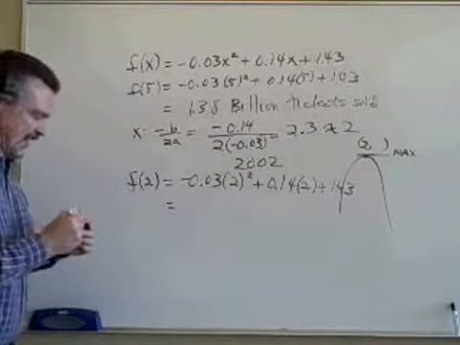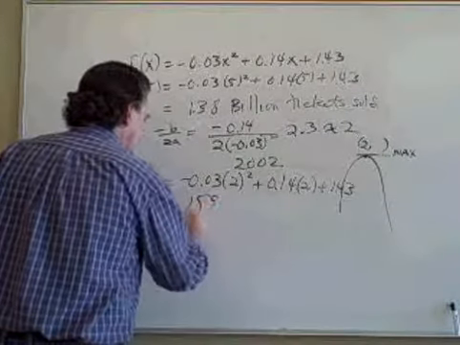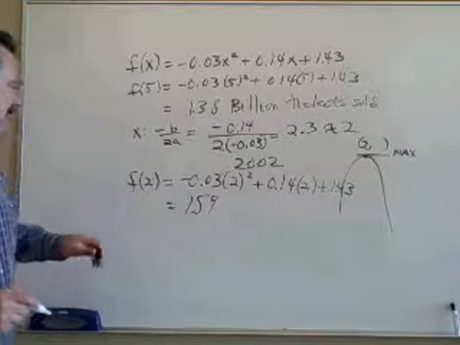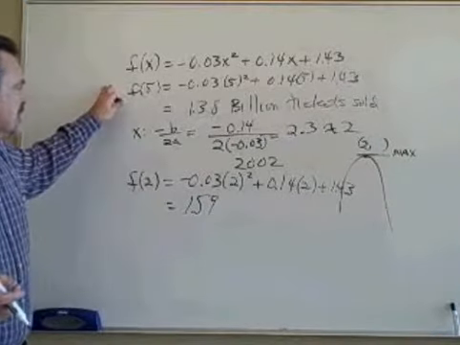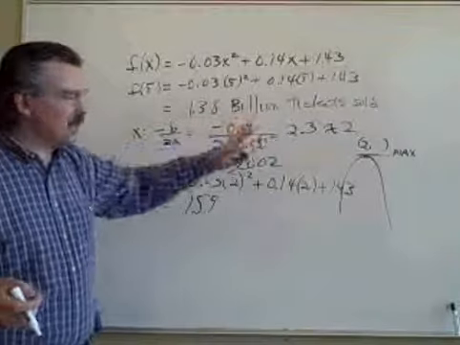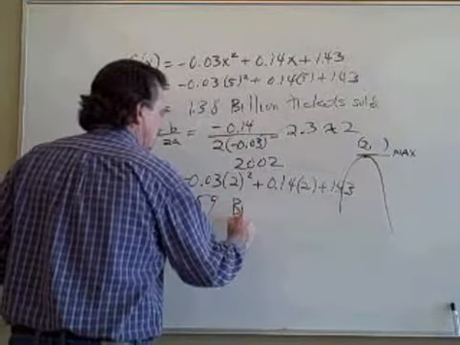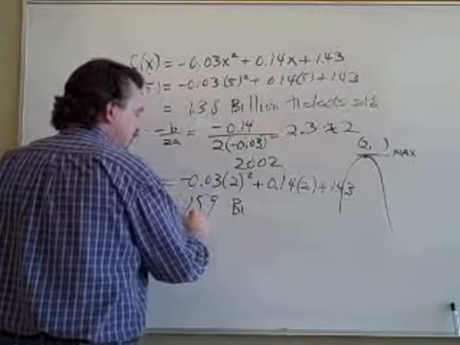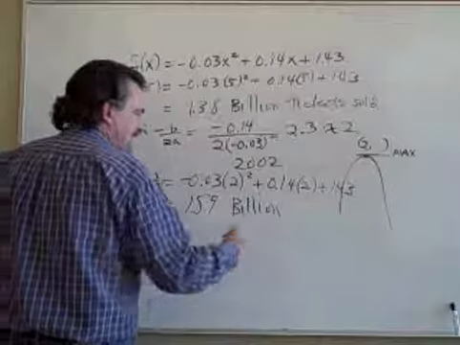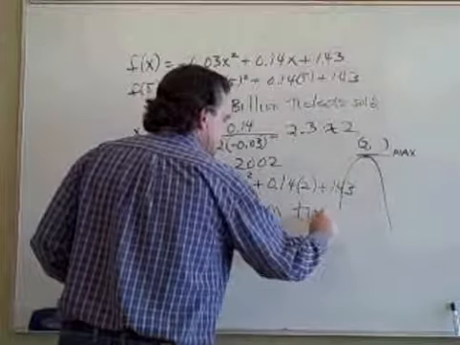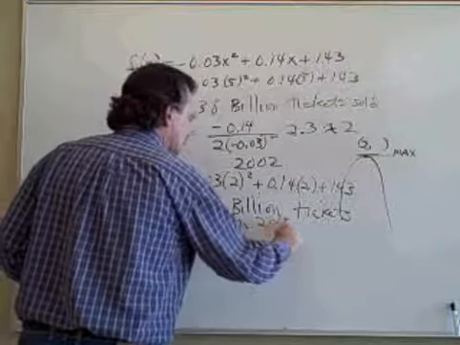So when we do that arithmetic, the answer we get is the decimal number 1 59/100. But remember, this is the function's value, and the function's unit of measure is billions of tickets. So we would say that 1,590,000,000, if we wanted to look at it that way, 1.59 billion tickets were sold in 2002.